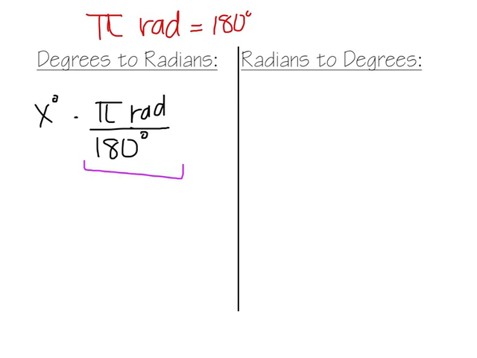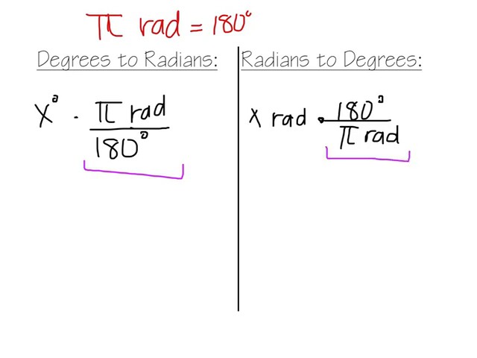If I want to go the opposite direction, if I have x radians, and I want to know how many degrees that is, I'm just going to multiply this by 180 degrees over pi radians. And that'll give me how many degrees. Once again, this is my conversion factor.